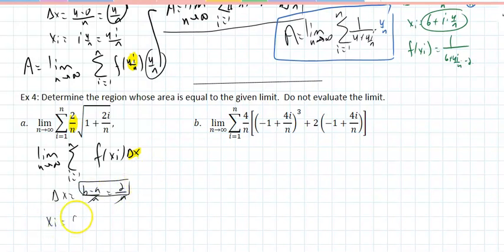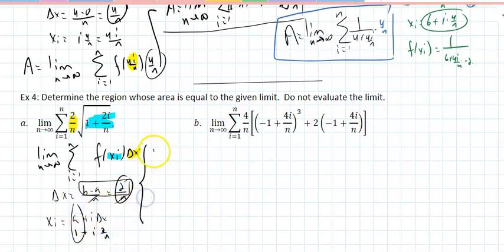X sub i is a plus i delta x, and isn't that this? So 1 plus i and delta x is 2 over n. Doesn't that make a equal 1? So out of this, I get a to be 1, and the length of the interval is 2 units. If I start at 1 and I run 2 units, wouldn't that be 3? So x is between 1 and 3.